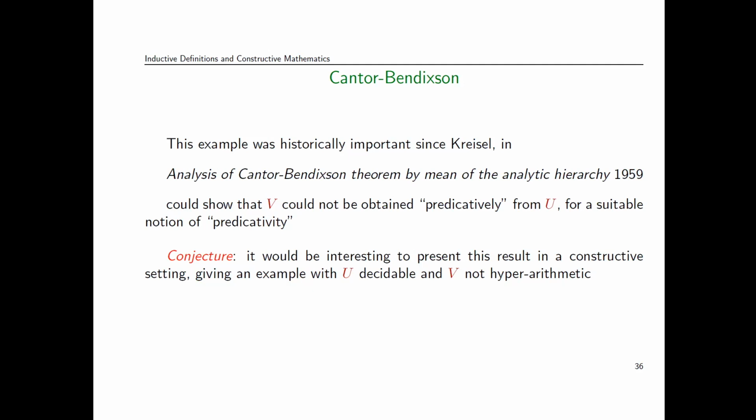According to this analysis, it is impossible to define V from U in a predicative way. So it was very surprising for Kreisel that Martin-Löf could do this definition. But for Kreisel, this definition was non-predicative. It was constructive, but in a generalized meaning of constructive.